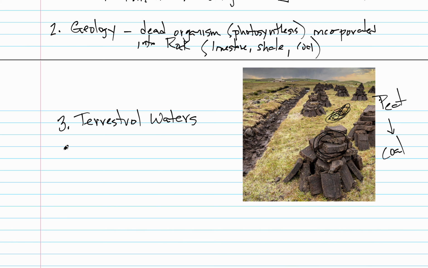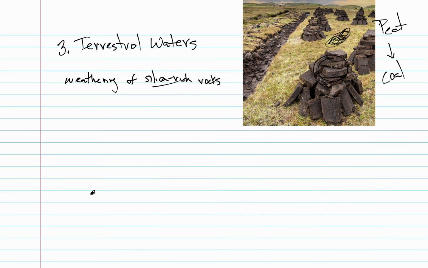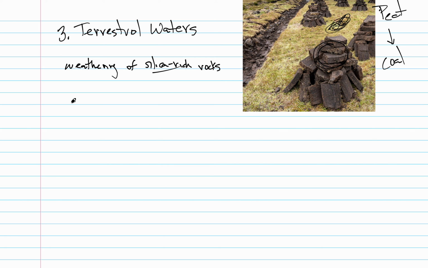Before we put that in, we're going to say weathering of silica-rich rocks. Many rocks are rich in silica. Things like granite or schist, maybe you've heard about those before. Those are silica-rich rocks. And when you weather them, you actually produce a chemical reaction that will strip CO2 from the atmosphere. Here's the reaction.